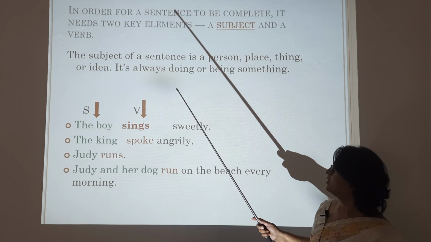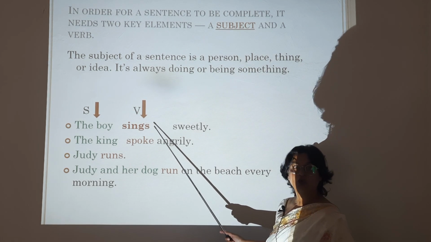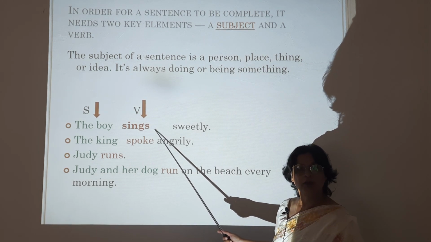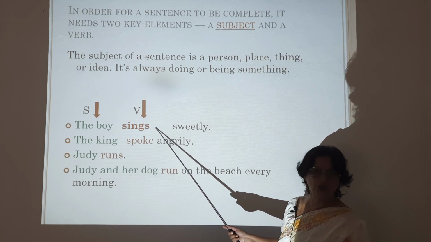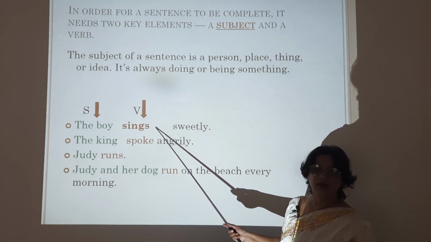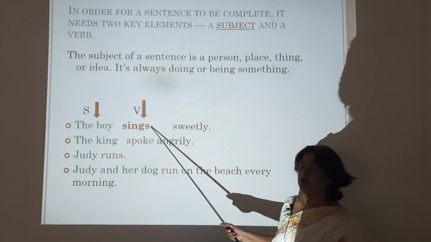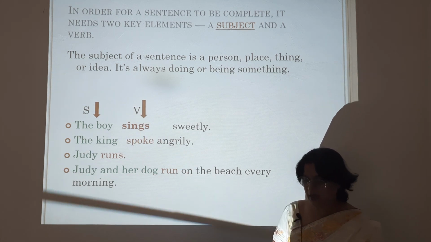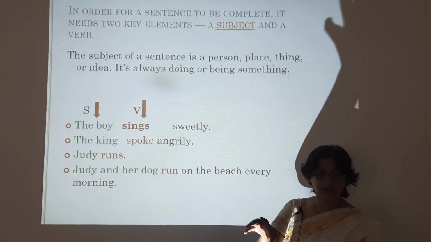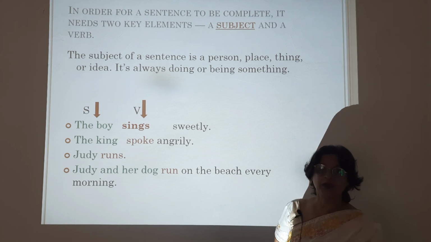So, that is a subject. Of course, you know verb. What is a verb? A verb is an action word that you have been learning from your early days, and also a verb is being, a state of being.